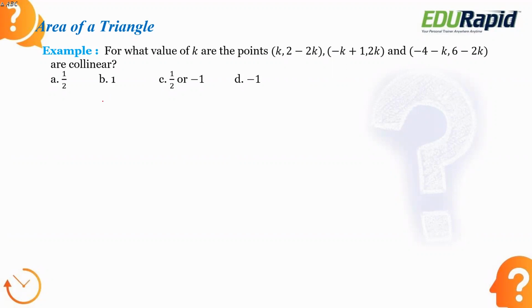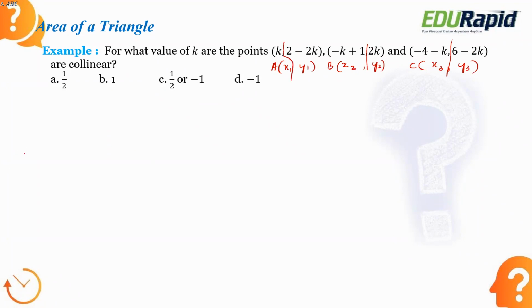So what we do is we consider the points to be A of (x1, y1), B of (x2, y2), and then C of (x3, y3). These are the points. So your x2 would be minus k plus 1, and your x3, y3, and here x1, y1.